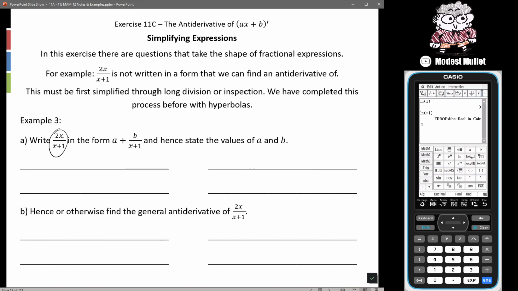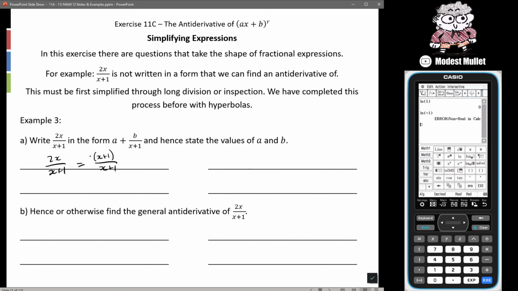But this is, so if you can remember how to convert it, what we want to do is we need to rewrite this 2x on x plus 1. We need to rewrite it as something that is x plus 1 on x plus 1, and we need to add some things in the numerator here that would turn that x plus 1 into 2x.